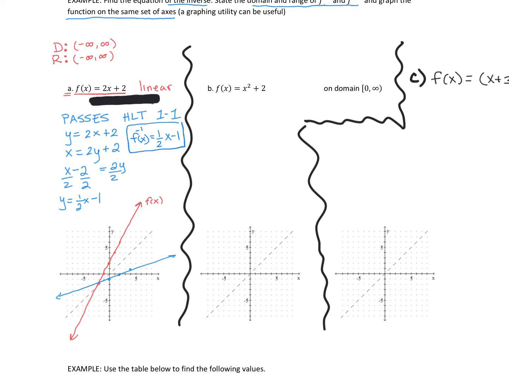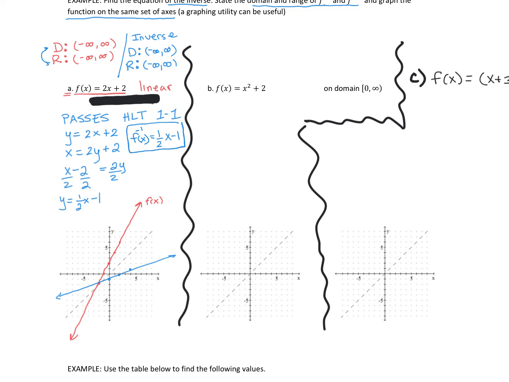When we then find the domain and the range of the inverse function, we need only switch the domain and the range. So this domain becomes this range and so on. So this is also minus infinity to infinity, and the range is minus infinity to infinity.